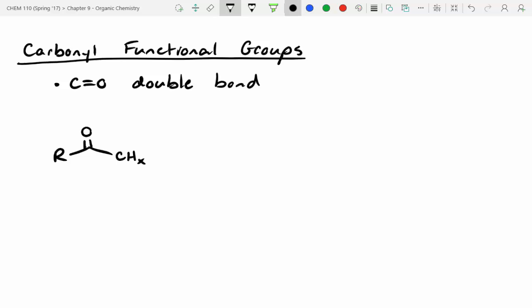I'm just going to say CHX, so it's got some sort of carbon attached to it. There's one where you just have a hydrogen attached. There's one where you have an OH.